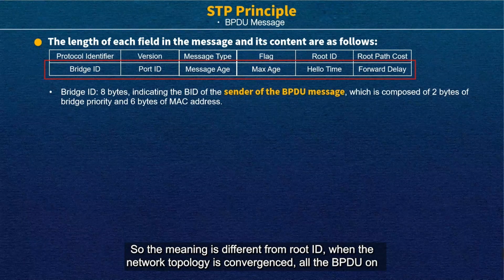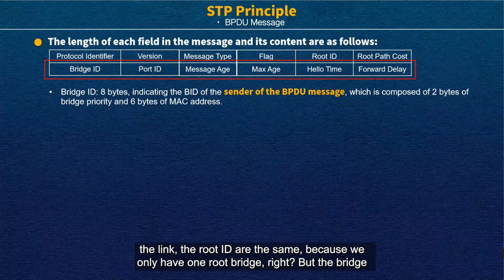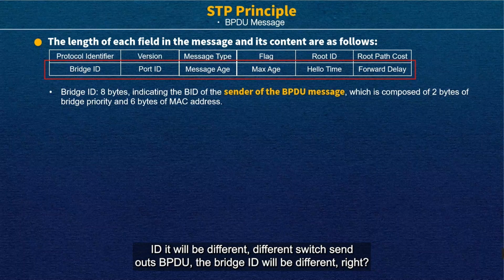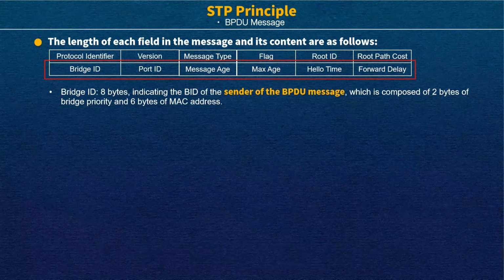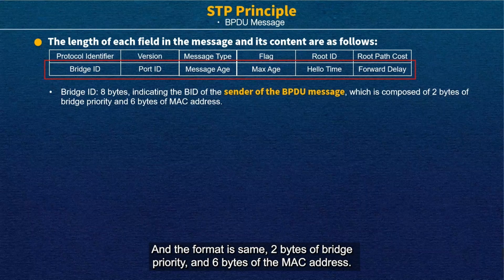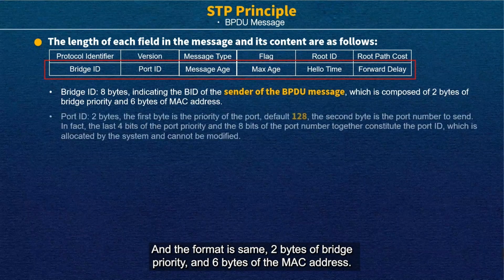When the network topology has converged, in all the BPDUs on the link, the root ID is the same because we only have one root bridge, right? But the bridge ID will be different. Different switches send out the BPDU, so the bridge ID will be different, right? And the format is the same, 2 bytes of bridge priority and 6 bytes of the MAC address.